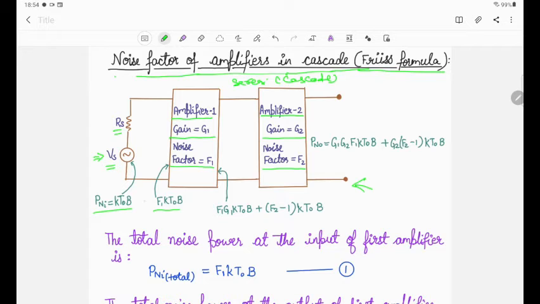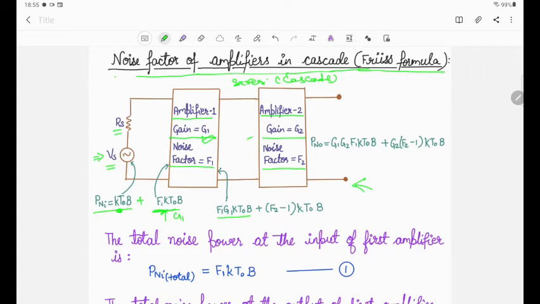Now this total power will be amplified by amplifier 1, which has the gain G1. So this term, this plus this, will be multiplied by G1. So we can write F1 G1 K T0 B.